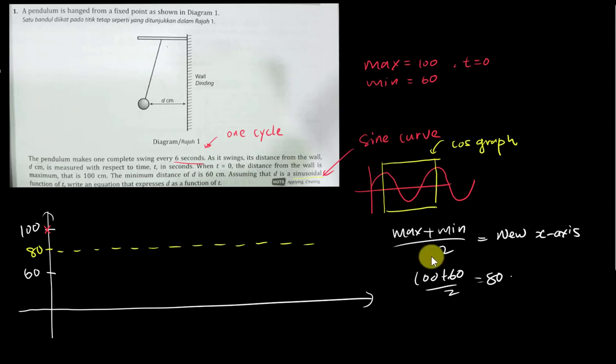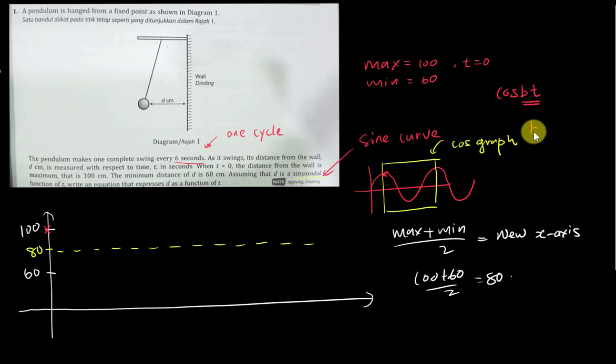I'm pretty sure it is a cos graph, because a cos graph actually starts from the maximum, whereas the sine graph starts from 0. This is the idea of the graph. No matter sine or cos, we know how we get the period value, right? So basically what I will do is assume this one is cos bt.